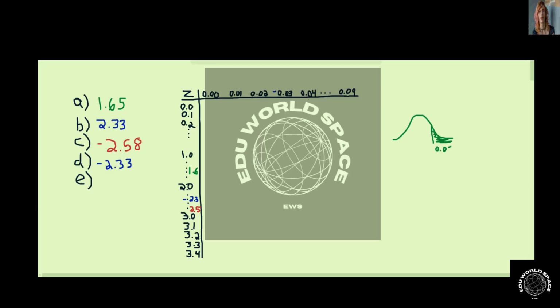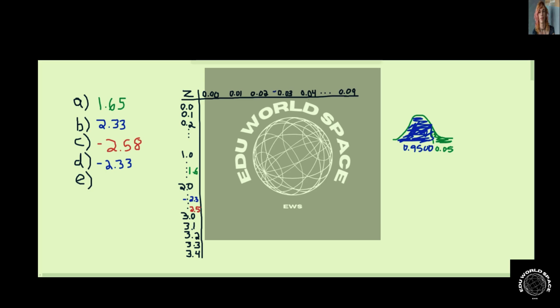Since the chart asks us to find the area to the left of the critical value, we will be looking up this area in the chart, and this will be 95% or 0.9500.